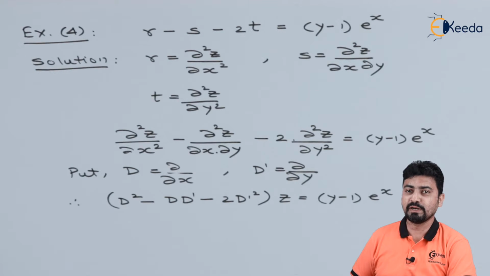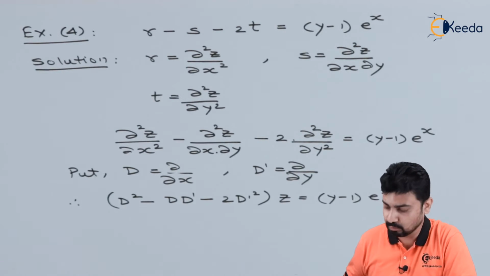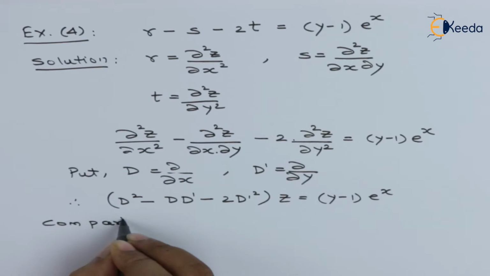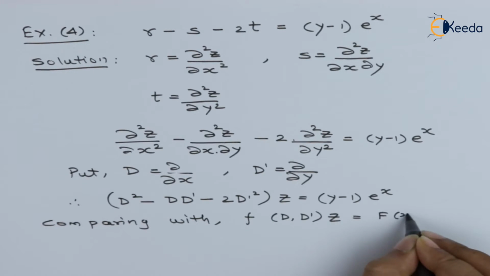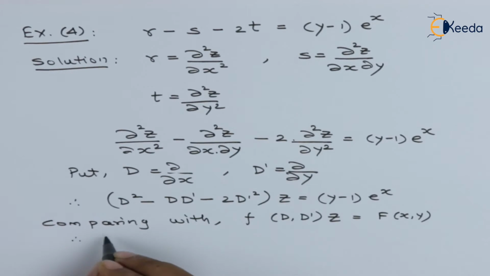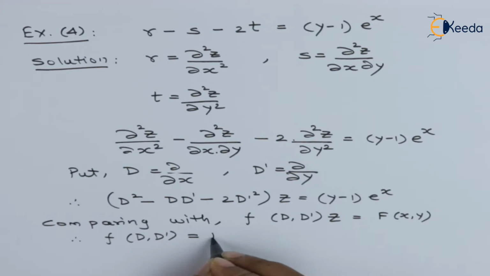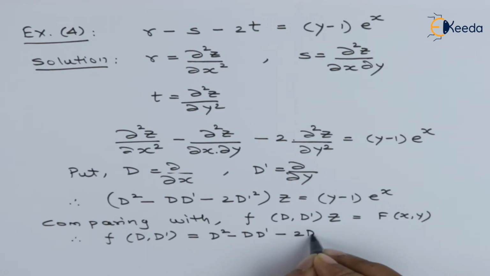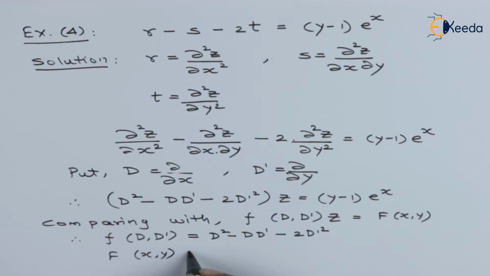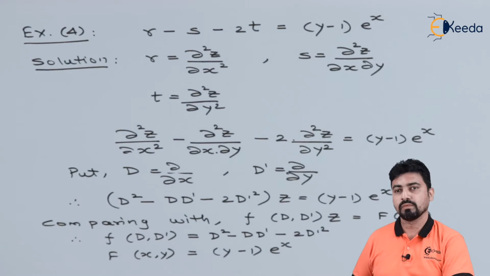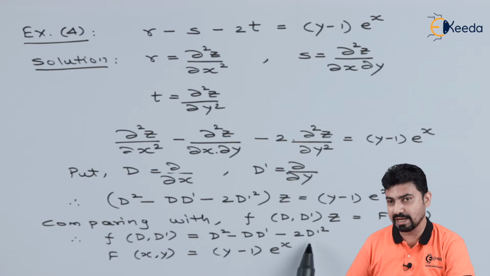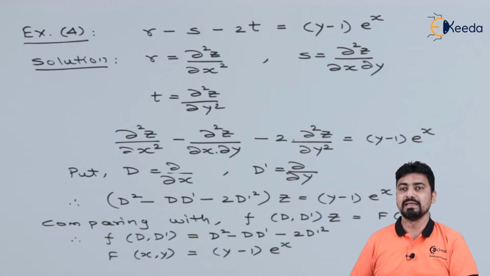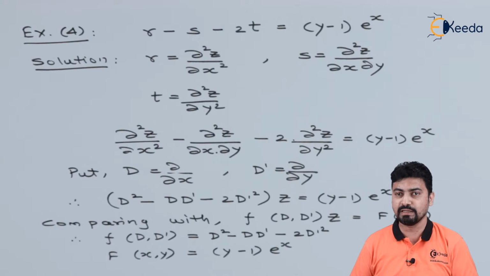Comparing this with our standard form of homogeneous linear partial differential equation, we get, thus f of d, d dash is d square minus d dash minus 2d dash square, and f of xy is y minus 1 whole into e raised to x. Let us find the CF and PI and hence find the complete solution.